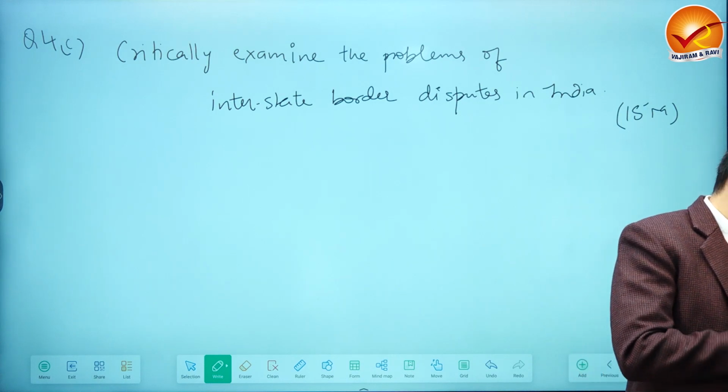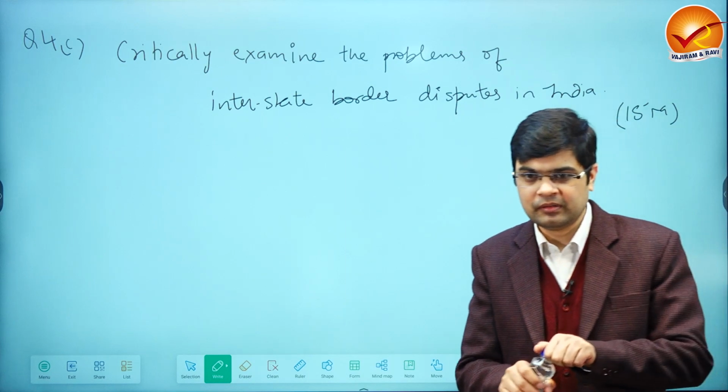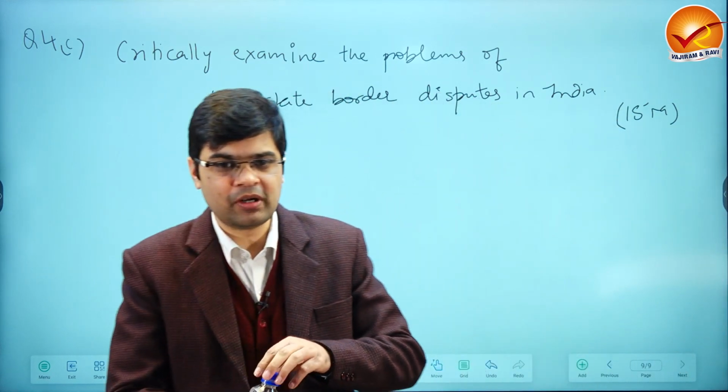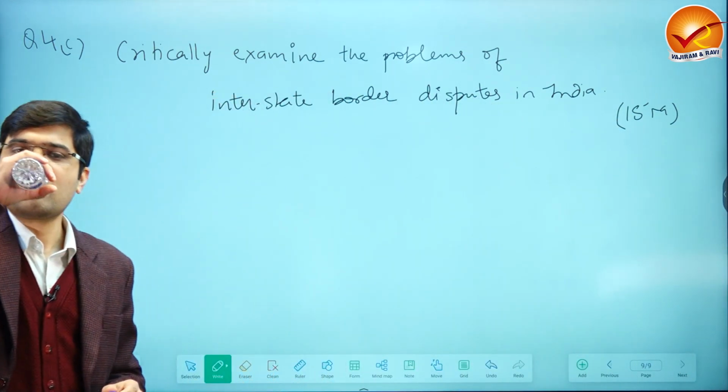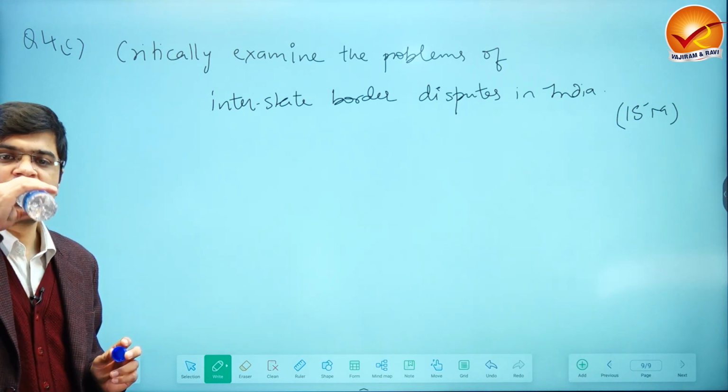Again, this kind of question very few students would be able to attempt. जिन्होंने पढ़ा उन्हें आता, otherwise you cannot attempt this question. But this was on the expected lines.